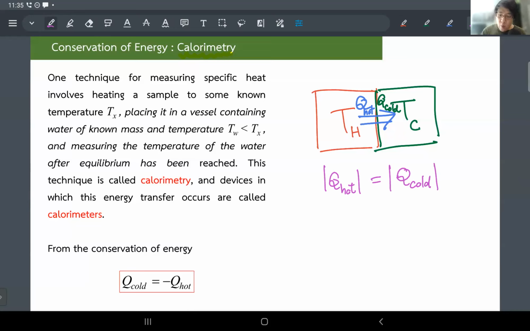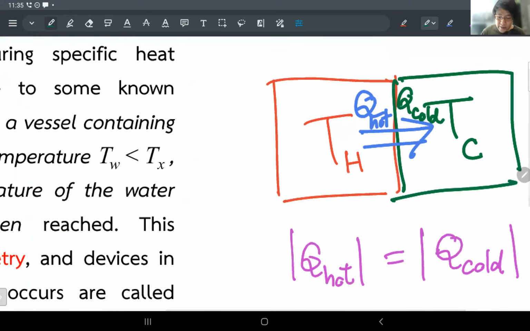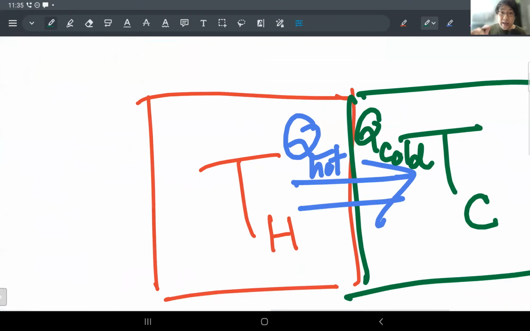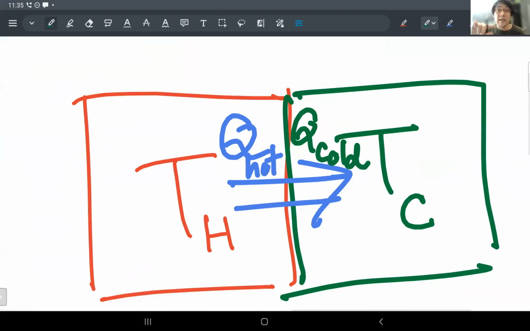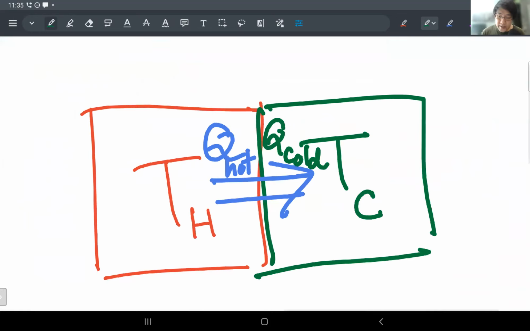We care about the direction. So what does it really mean if I want to attach a sign to this? Look at the right side and the left side over here. Heat enters on one, and on the other, heat is coming out. So heat leaves the system and heat enters the system, and we need a sign agreement.